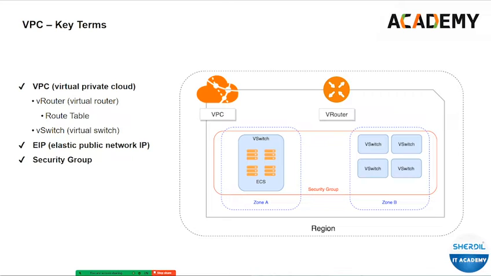So a VPC includes the vRouters, called the virtual routers, route tables, vSwitches, elastic public IP, and the security groups.